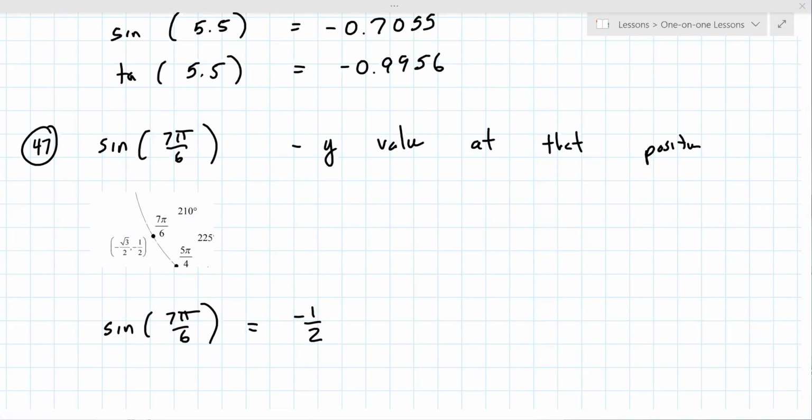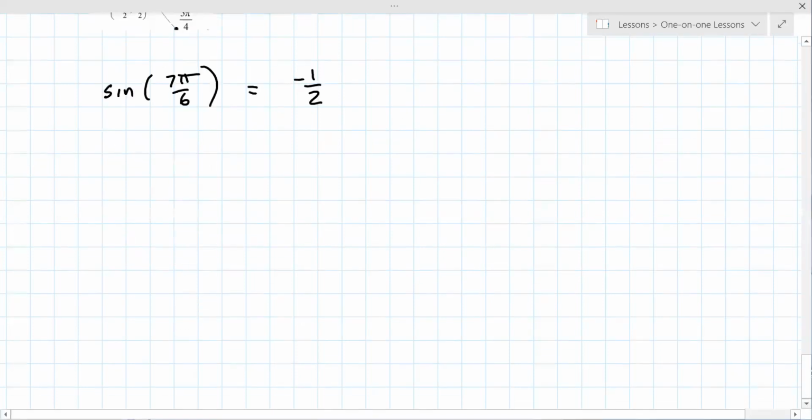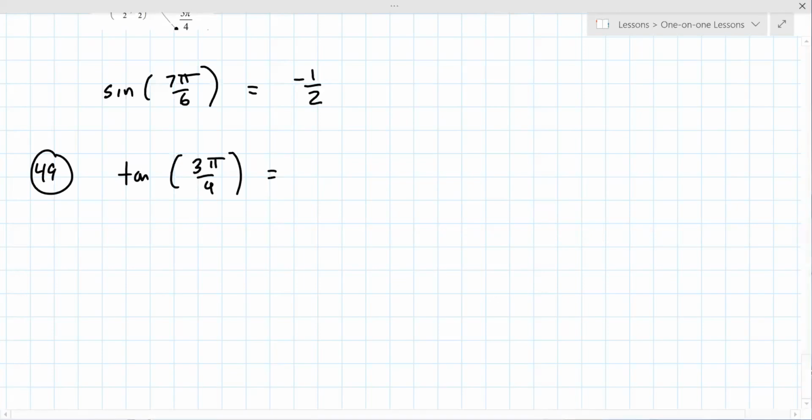For 49, tangent, of course. Tangent relies on you finding two values. In the trig cheat sheet, at 3 pi over 4, there are two values. Let me snip those in.